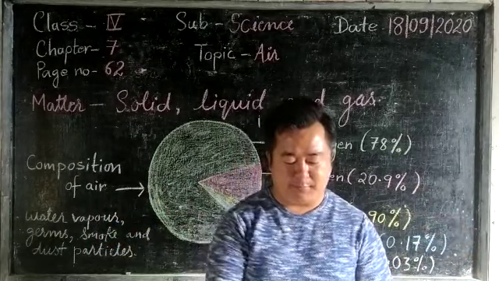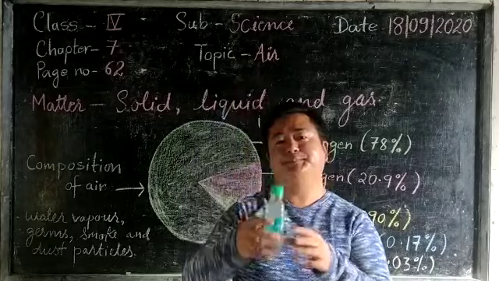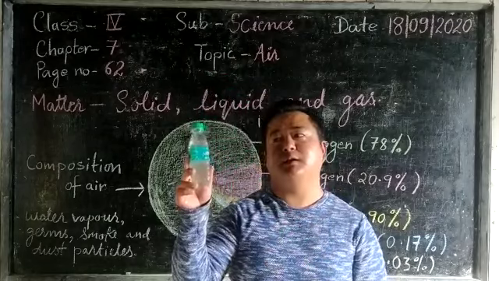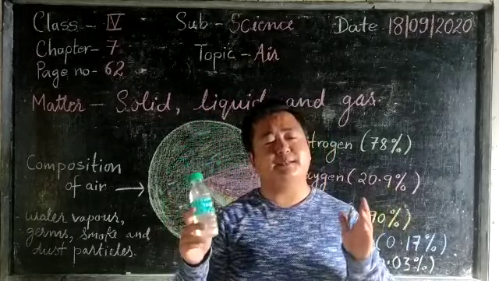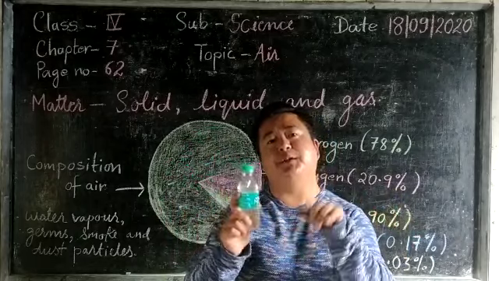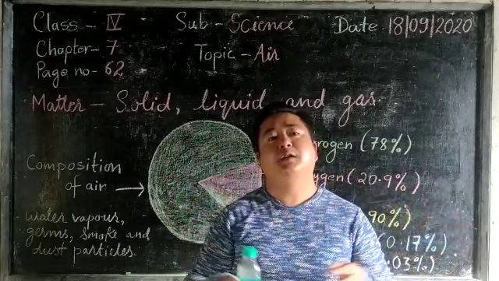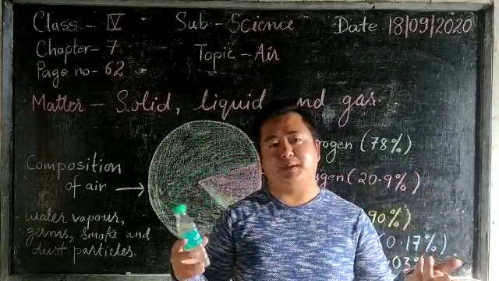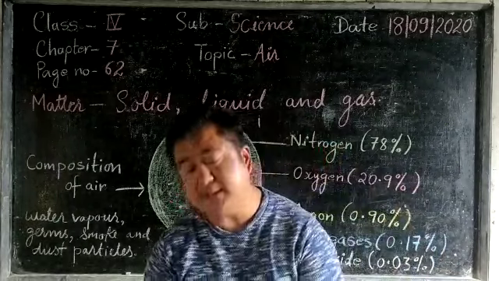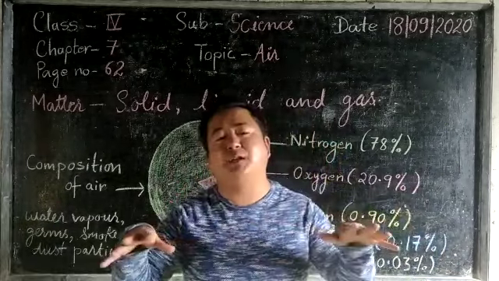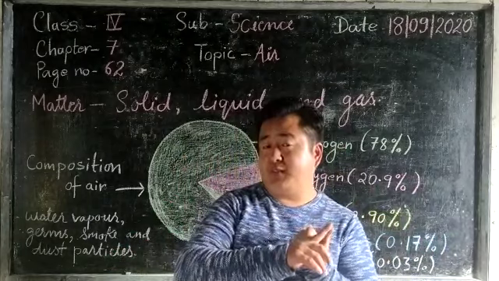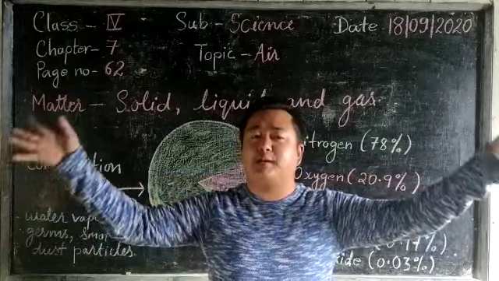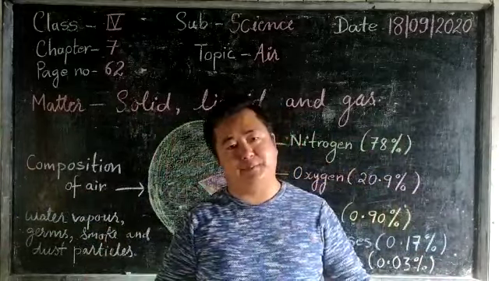For example, if I empty this bottle and the gas gets filled up in this bottle, gas doesn't have a definite shape and size, but it can fill any space, any size, any amount of space. The molecules in the gas are free. They are neither closely compact, nor loose, but they are free. Therefore, they can move freely and they occupy space wherever it is available.